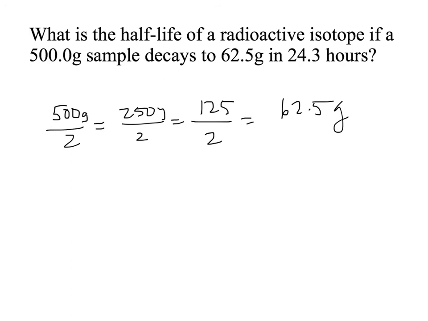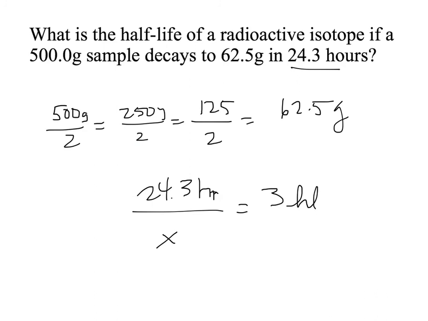Once again, I know the elapsed time that is given, the 24.3 hours. Now I don't know the actual half-life of this radioisotope, but I do know that 3 half-lives have elapsed. So if I want to solve for x, these need to switch places.